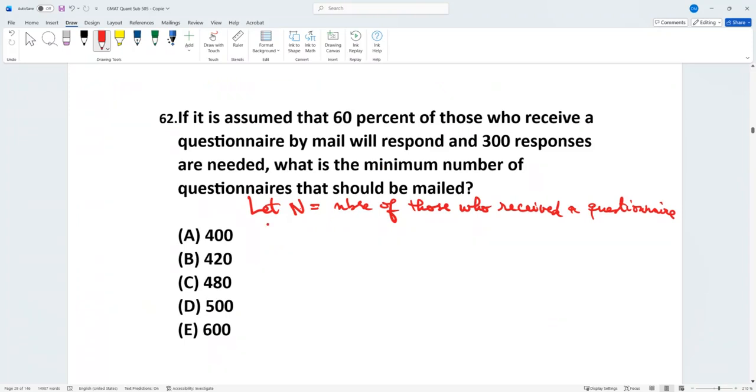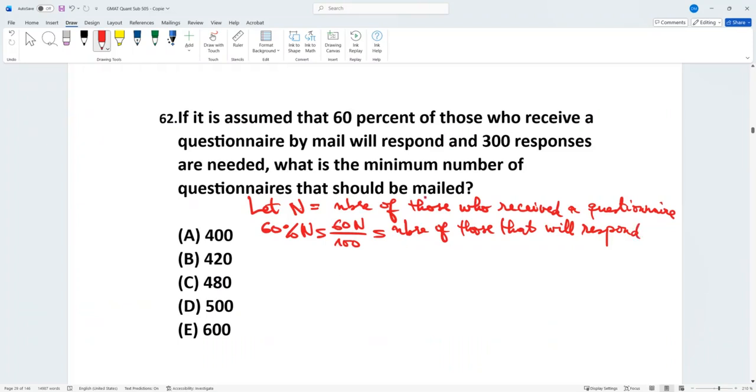So 60% of n, which is actually equal to 60n over 100, is actually equal to the number of those that will respond, like this.